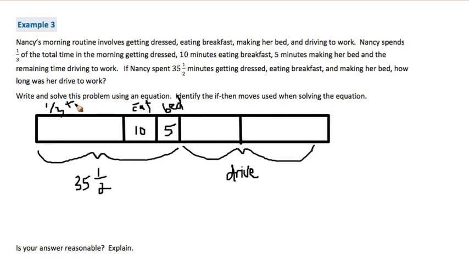And so at some point in our problem, that piece of information is going to be very important. Right now, however, it appears that we know something really important, and that is that getting dressed plus eating plus making her bed is a total of 35.5 minutes. But we know how long it takes to eat and make her bed.